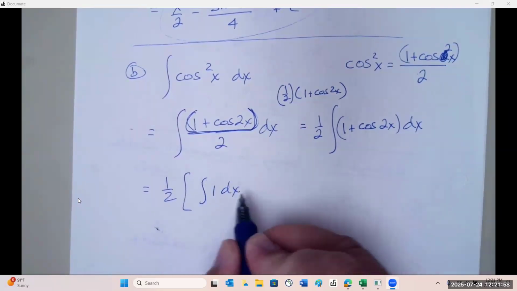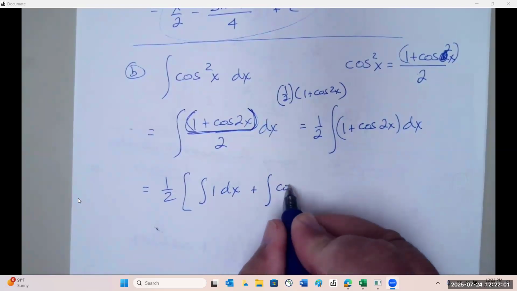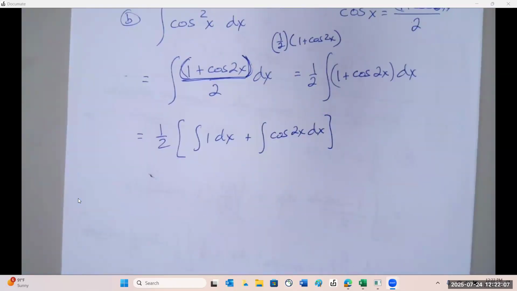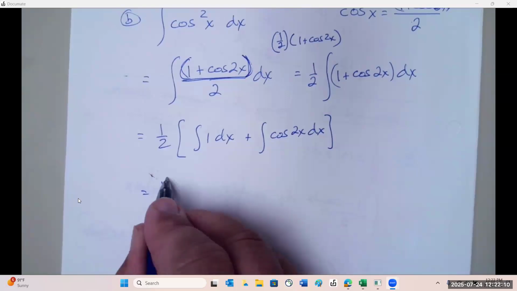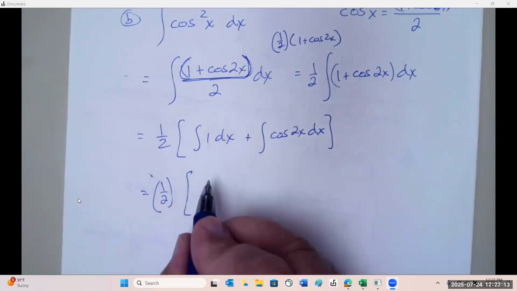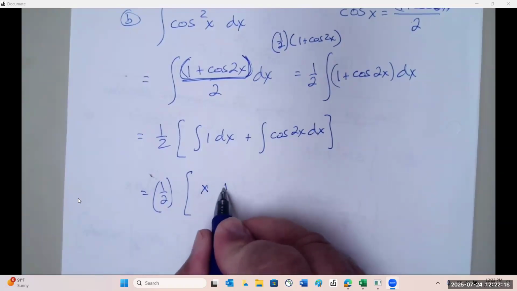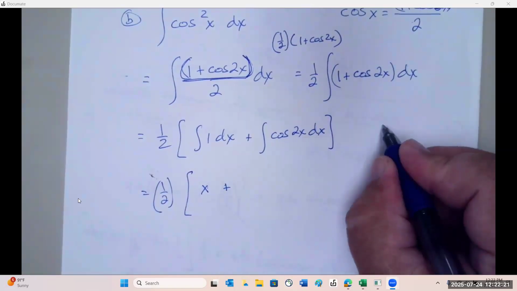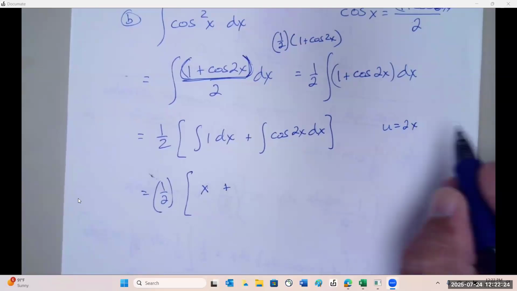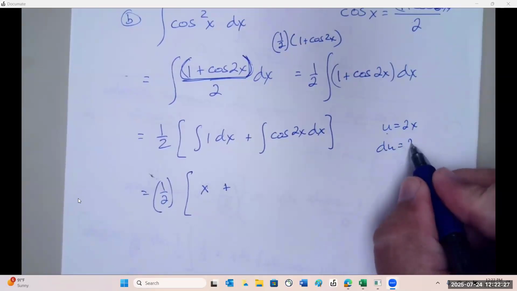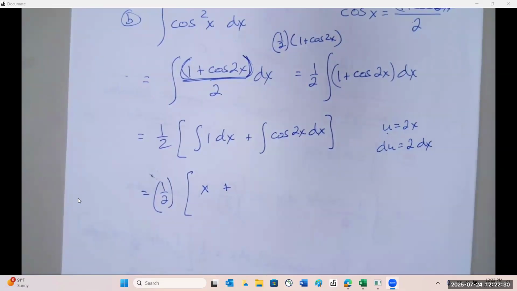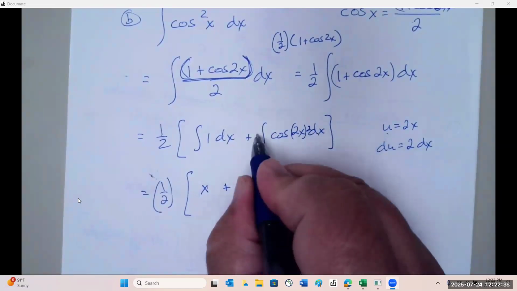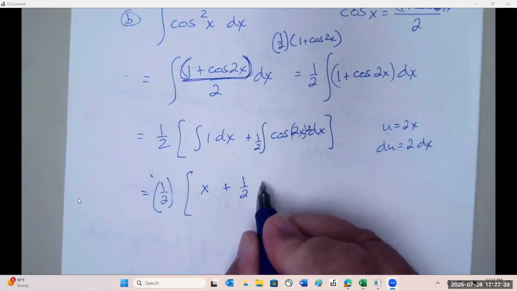So the integral of 1 dx plus the integral of cosine 2x dx. The integral of 1 is x. For this one, we have a function within a function, so u is 2x, so du is 2 dx. We're missing a 2 in front of the dx, so I put a 1/2 out in front.